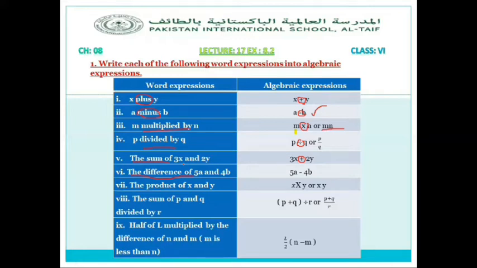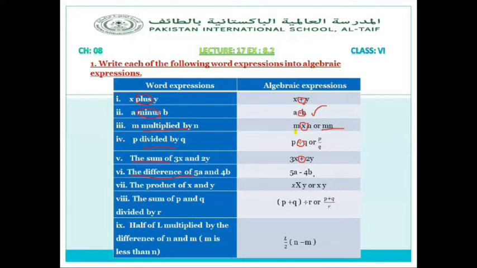In the same way, here we have introduced minus, its mathematical sign is minus, like a line segment. Here the difference of has the same meaning as minus. So the difference of 5a and 4b means 5a minus 4b.